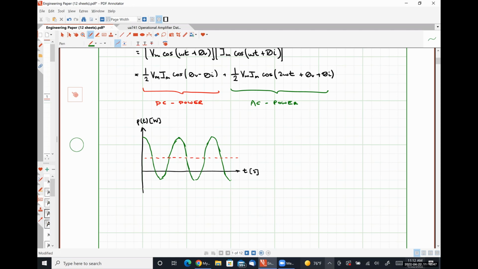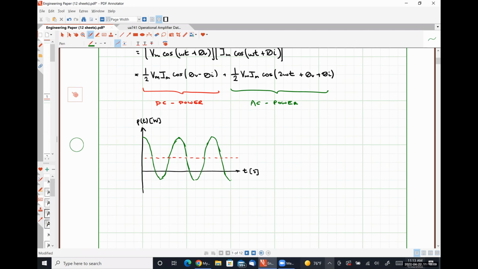So what does that tell us about that DC offset? If we have a sinusoidal signal and exactly half the time it's above it and exactly half the time it's below it. Exactly right.